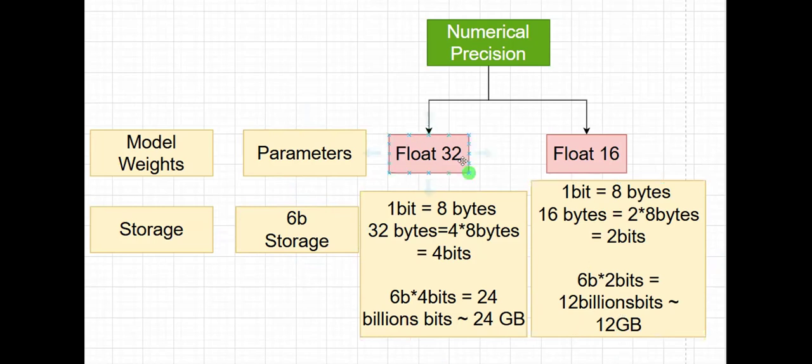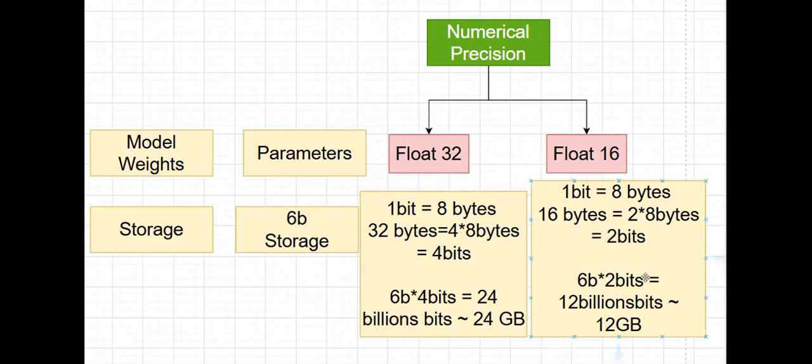If we compare the representation of this 6 billion parameter model with float 32 and float 16 numerical precision: if we represent the same 6 billion parameter model using FP32, it requires 24 GB, whereas if we train the model with BF16 numerical precision, it requires only 12 GB.